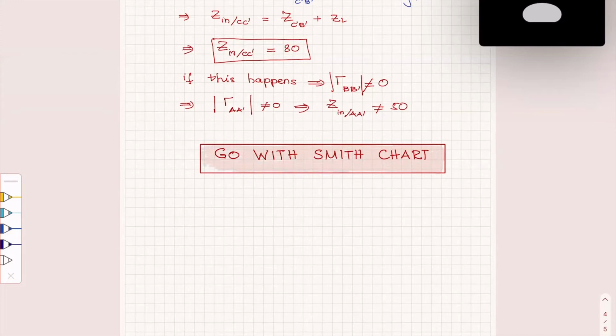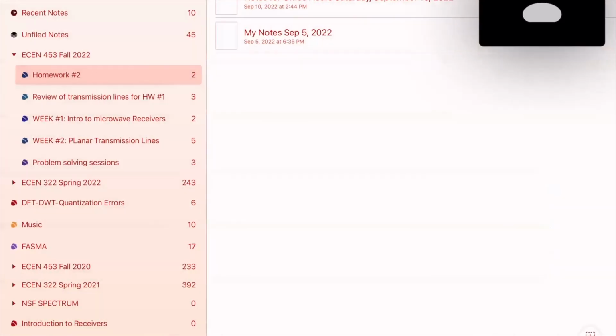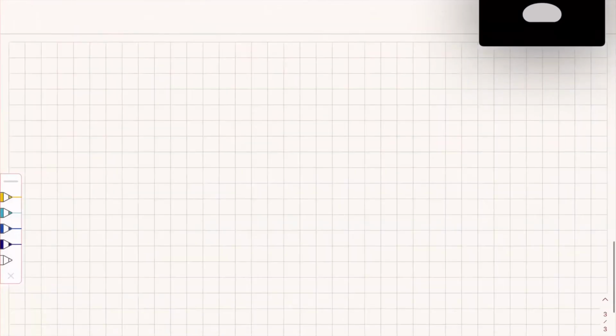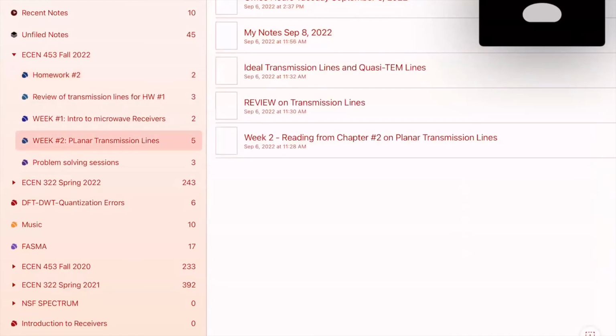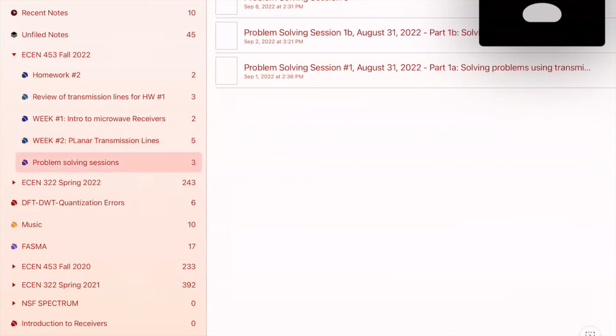All right. So let me find a Smith chart to copy. I know where to find it.